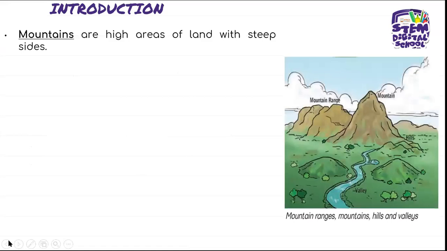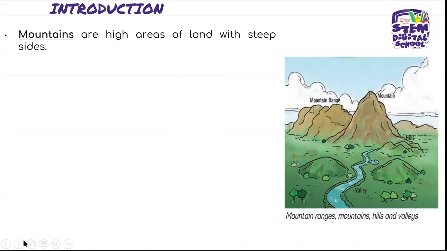Since you told me what mountains, hills, and valleys are, we are just going to continue. As you can see on the picture, it portrays the things we were saying about what a mountain, hill, and valley are. So mountains are high areas of land with steep sides.